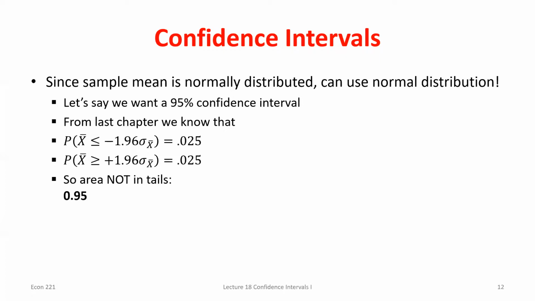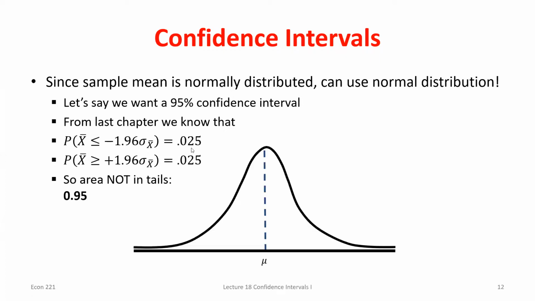In decimal form, 0.05. Or the total area in our tails: there was 0.025 in each tail, which means the total area in the tails is 0.05, and that would be our alpha. So alpha is the area in our tails, or it's the percent outside the interval, but in decimal form.